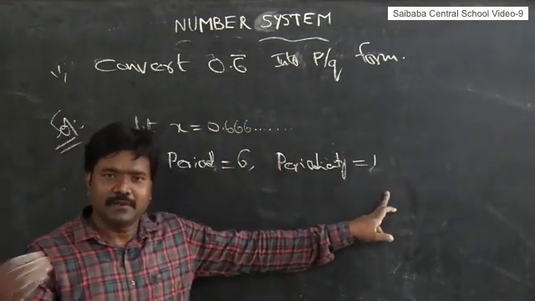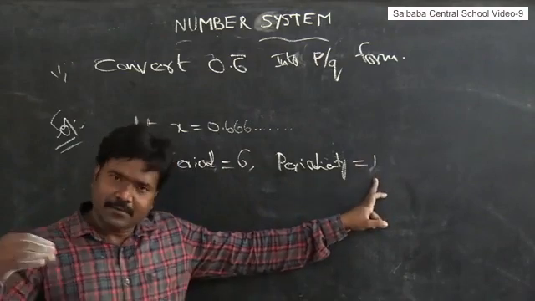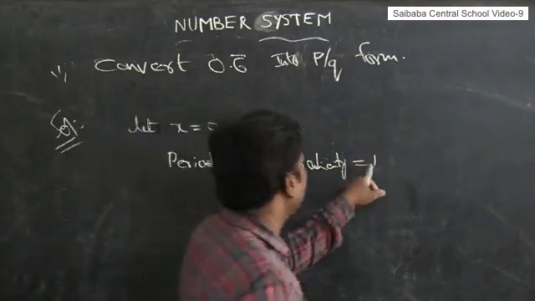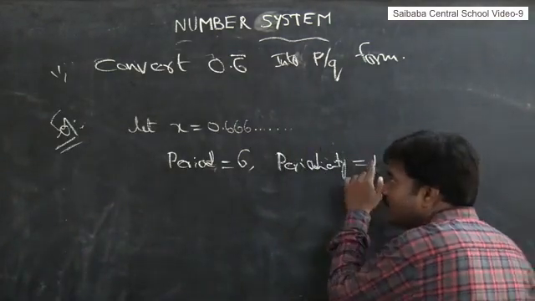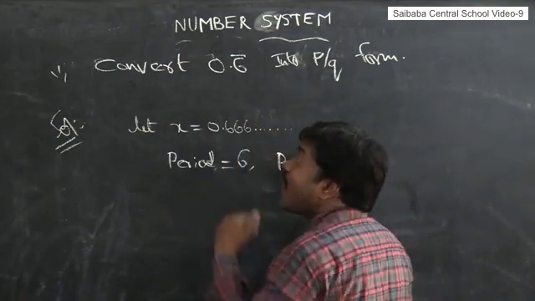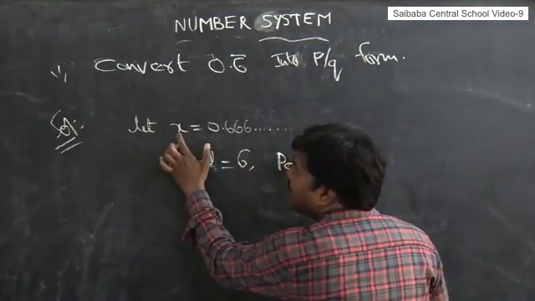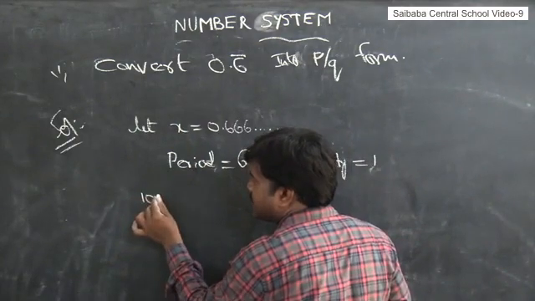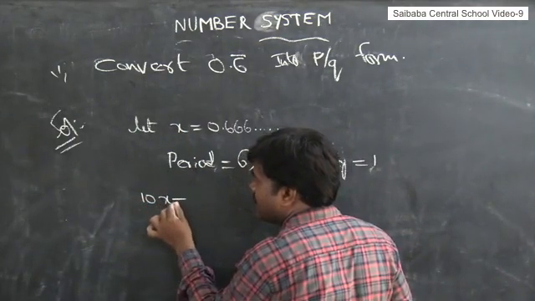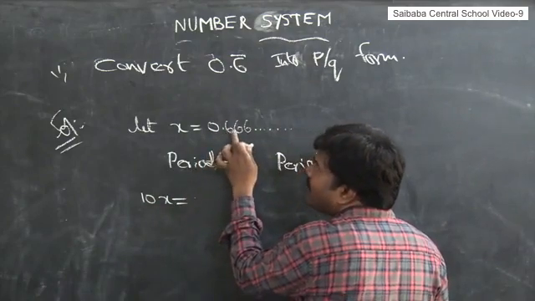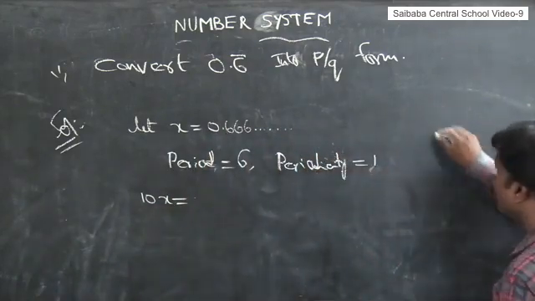Periodicity 1, multiply with 10; 2, multiply with 100; 3, 1000; 4, 10,000, like that. Here periodicity is 1, so we multiply x by 10 on both sides. This side 10 into x, 10x is equal to, this side also we multiply, 10 into 0.6.